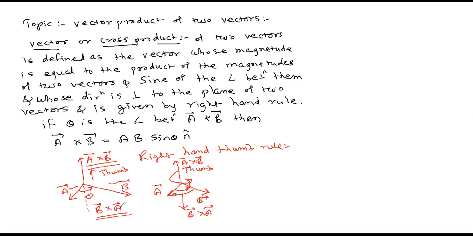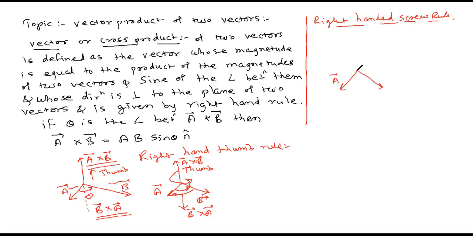You can also explain this with the help of the right-handed screw rule. What is the right-handed screw rule? Suppose you have vector A and this one is vector B, and theta is the angle between them.